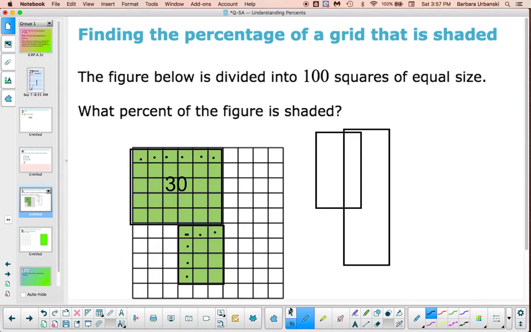So you have 3 times 4, which would give you 12 squares, and that would be the area of this bottom portion. To find the total area that's shaded, you would add them. 30 plus 12 would give you 42. Therefore, your answer would be 42%.